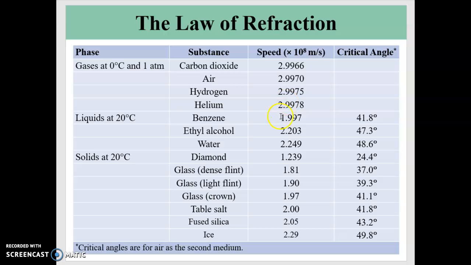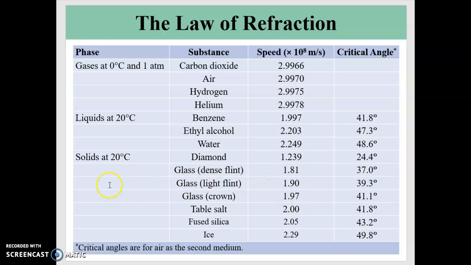But as you move down into liquids and the solids, you can see that value adjusts quite a bit. Crown glass, for example, has a speed of 1.97 times 10 to the 8 meters per second. If I take 3.0 times 10 to the 8th and divide it by 1.97 times 10 to the 8th, I get something very close to 1.5.